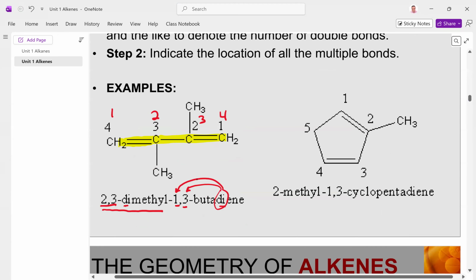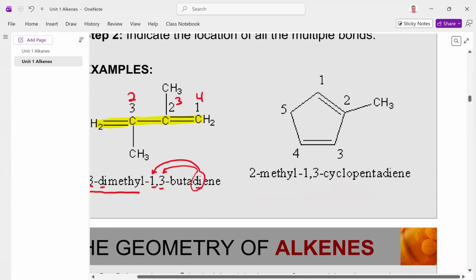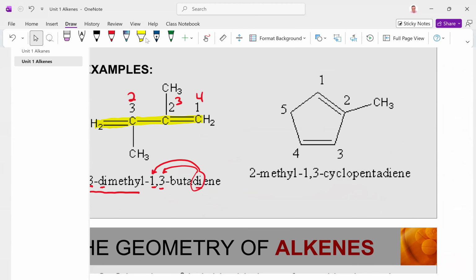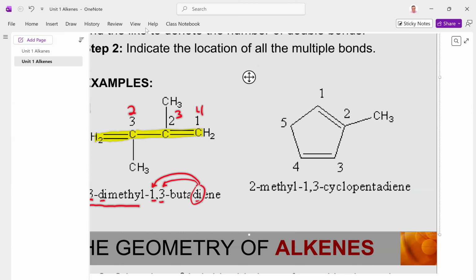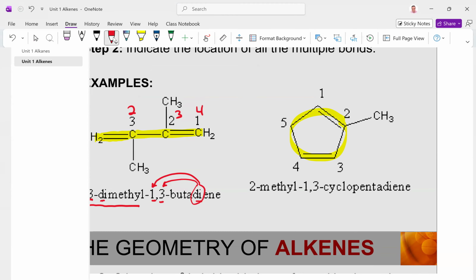All right, let's look at the cyclic version here now. Okay, anytime you have a cyclic compound, that automatically is the backbone. Boom. Okay.